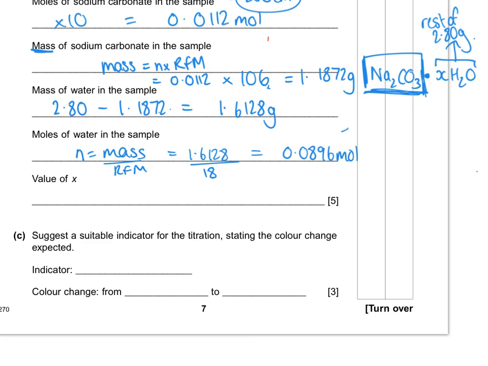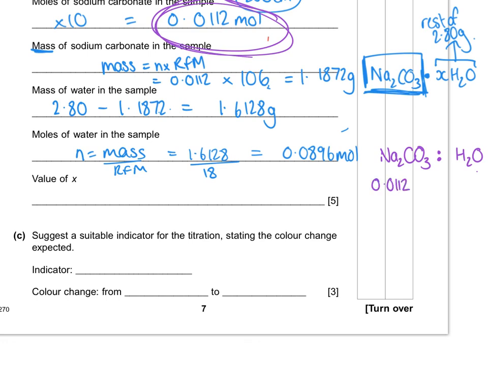Okay, the reason I worked out that is now we're going to do an empirical formula type calculation. So what we've got now is the number of moles of sodium carbonate and our number of moles of water. So once we get the mole ratio, that'll tell us the formula. So I have worked out in this part that I have 0.0112 moles of my sodium carbonate, and I've just worked out that I have 0.0896 moles of water.